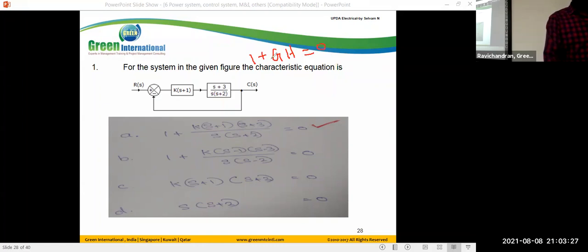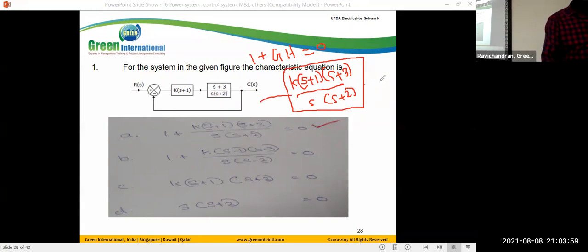So for this equation we need to know G and H. What is G? We have G1, G2, two G's. So K(s plus 1) into (s plus 3) divided by s into (s plus 2). Now what is the value for H?